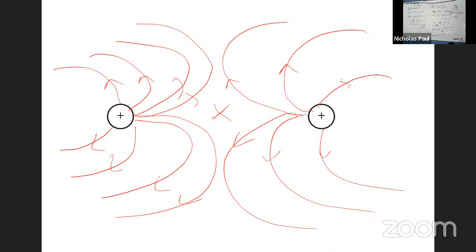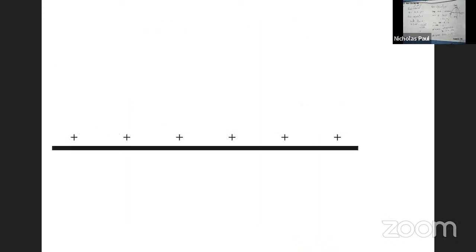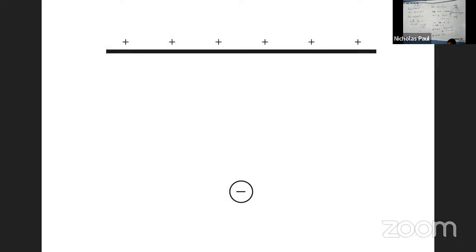And next part here, see if we can figure this out. I want to pass around and watch your answers. You have a negative charge and a positive plate.